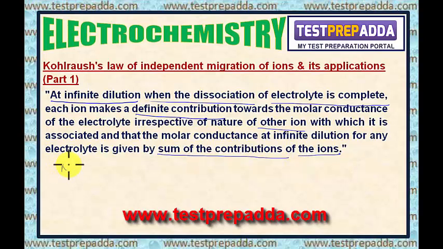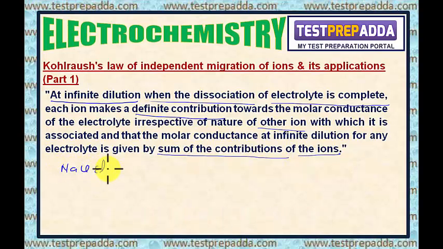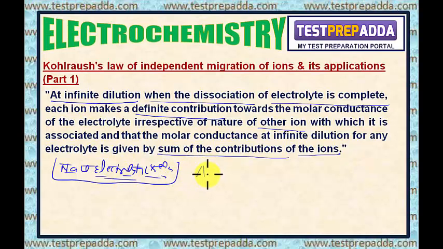Now if I say NaCl electrolytic solution, and this solution is infinitely diluted. According to the law, if you find the molar conductance of NaCl at infinite dilution, it will be the summation of the molar conductance of Na plus at infinite dilution and Cl minus at infinite dilution.